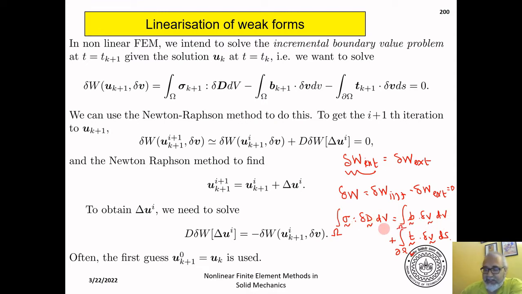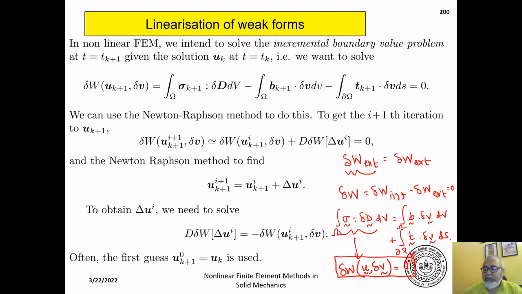So once we write it like this, this is your internal virtual work. The right hand side is the external virtual work. So when we write it like this, then del W is a function of the displacements and an arbitrary variation in the velocity del V. So this has to be equal to 0.